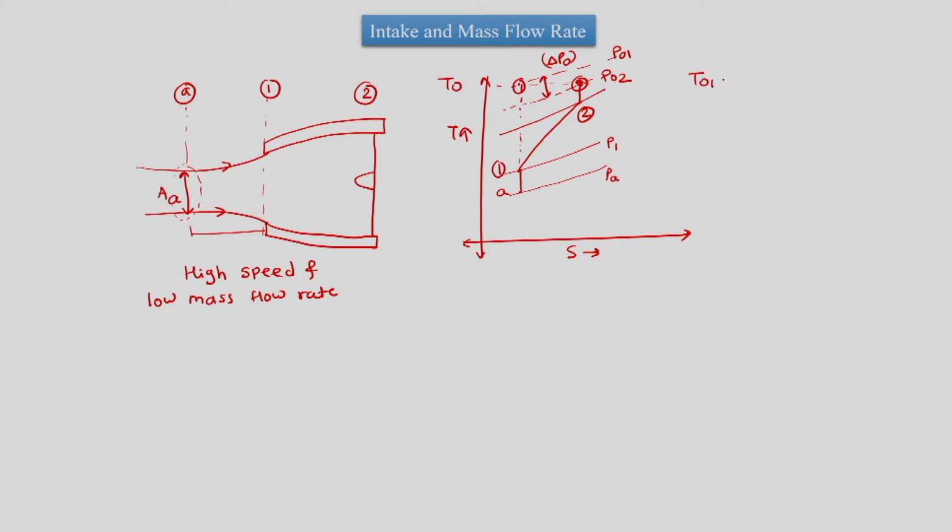So, T naught 1 is equal to T naught 2 since flow is adiabatic in the intake, but there is delta P naught in the intake, and that is P naught 1 minus P naught 2.